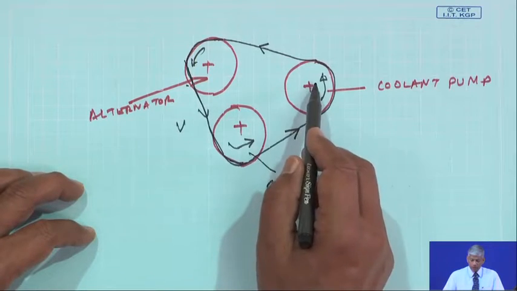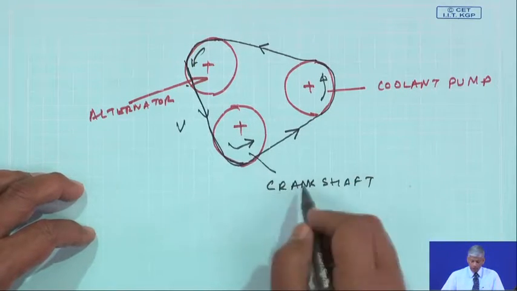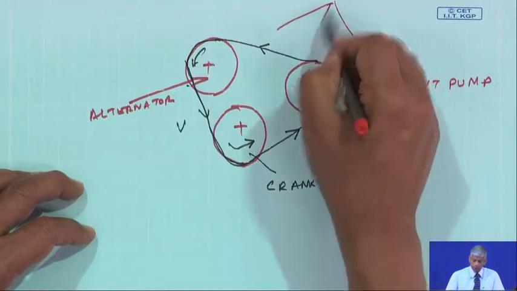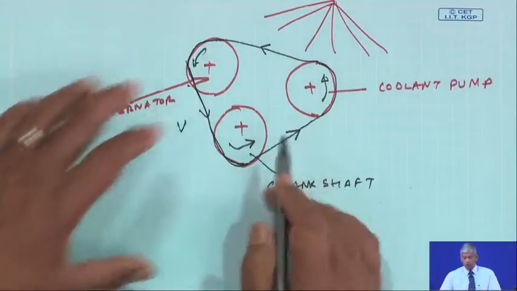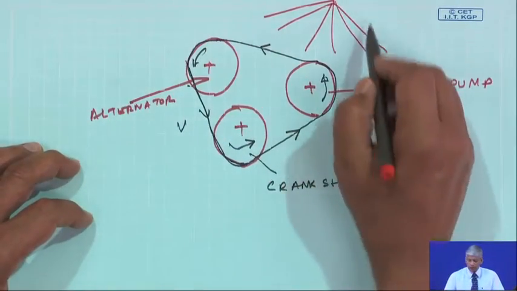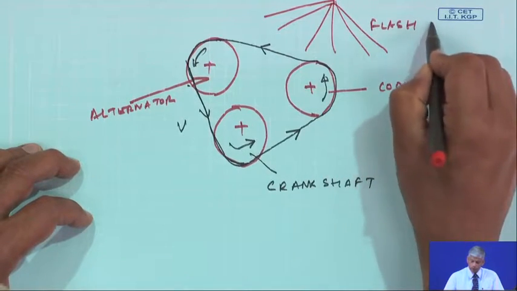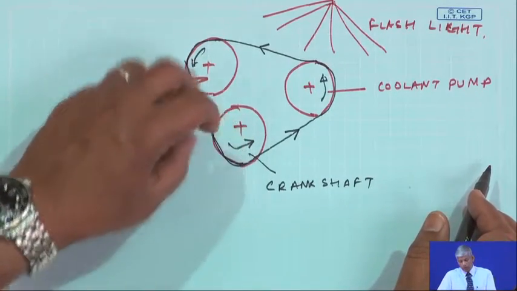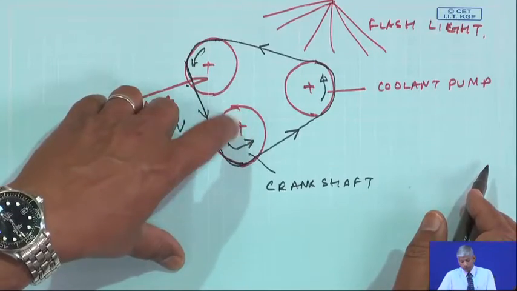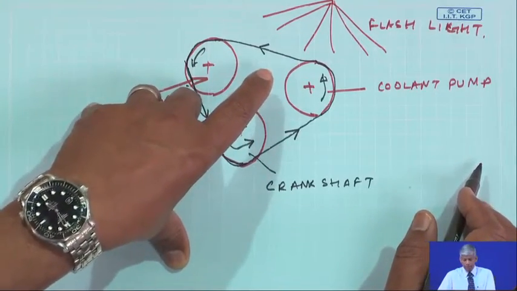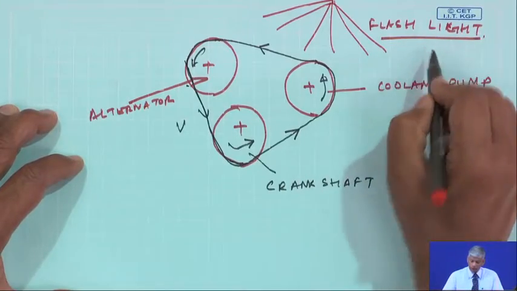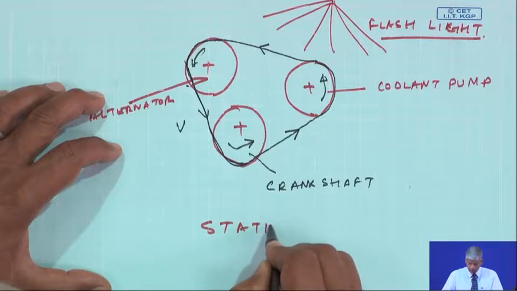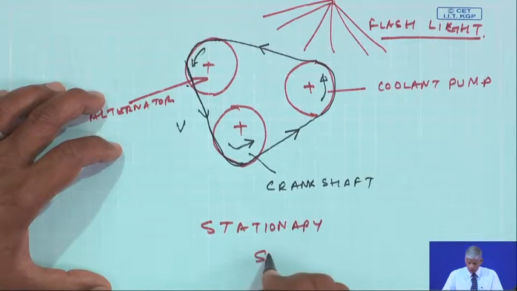Now, if there is a slippage of the belt, and if I flash a light onto this entire thing at a frequency related to the speed, and if they are all running at a constant speed, and the flash frequency matches the frequencies of rotation, they would appear to me as stationary, and this is the stroboscopic effect.